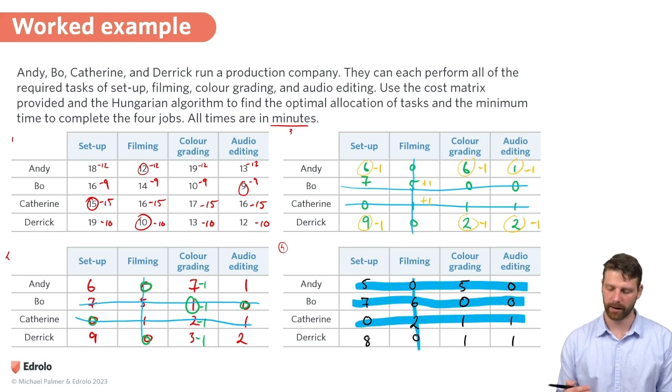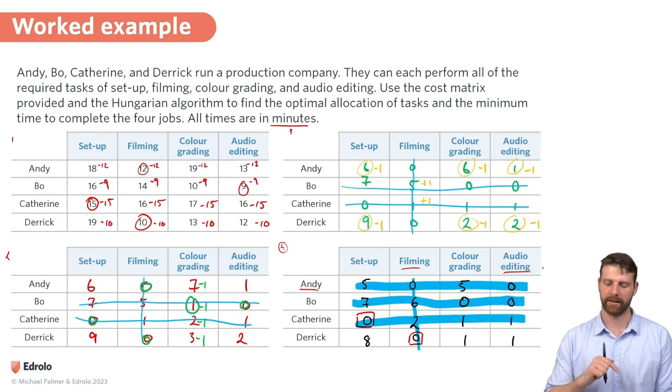So to do that, I'm going to look at the rows with only 1 0 in them. And I'm going to box them in red. So I can see Derek has only 1 0 row, which is here. So he'll do filming. Catherine is going to end up doing setup. And then I can see that Andy has an option of doing filming or audio editing, but Derek's already doing the filming.